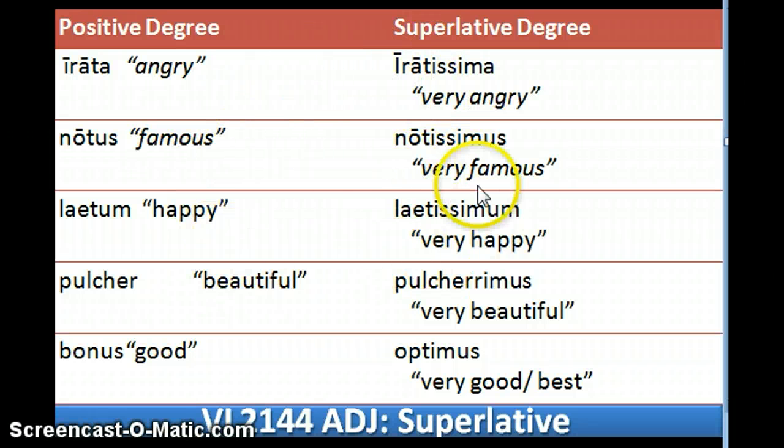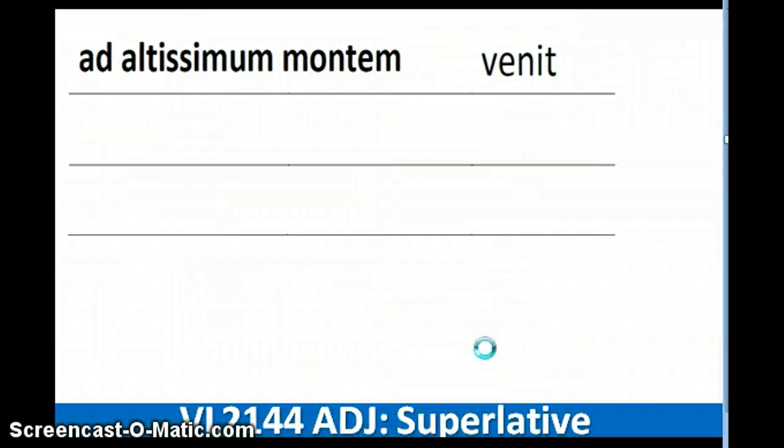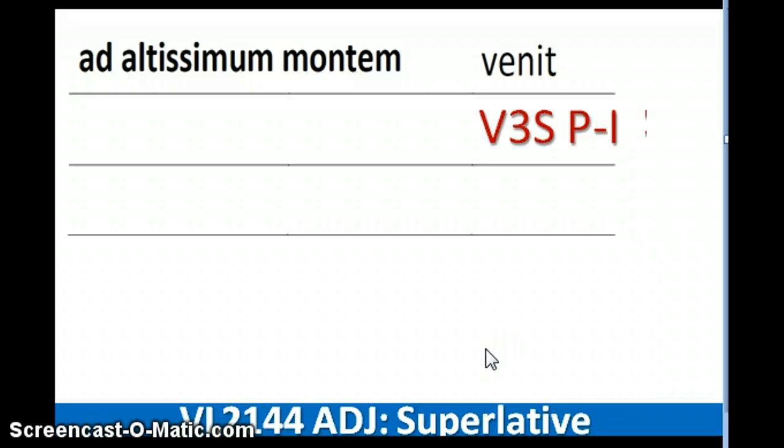Notice the superlative issimus, double S's, but it's not goodest, it's best. And in English, there are irregular superlatives, and there are regular superlatives in Latin as well. So let's see what this would look like.